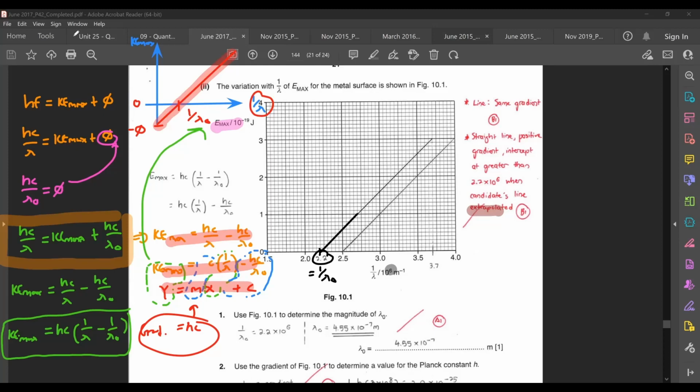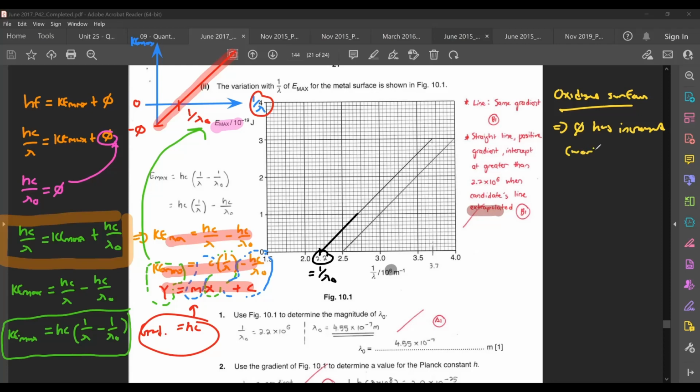So right now, they tell you that for the oxidized surface, phi has increased. Your work function has increased.